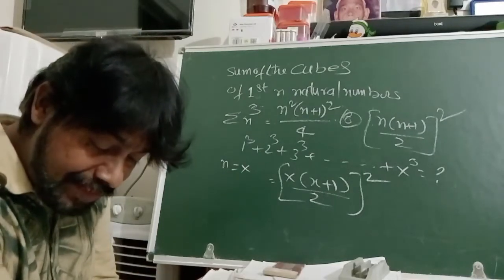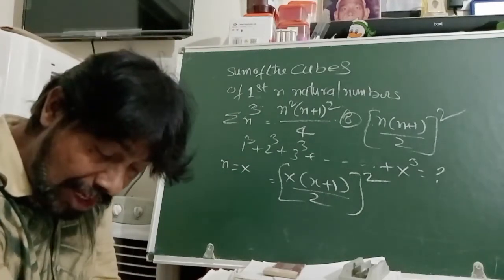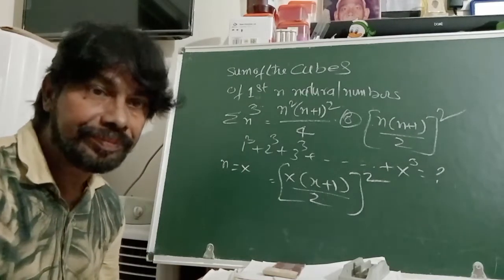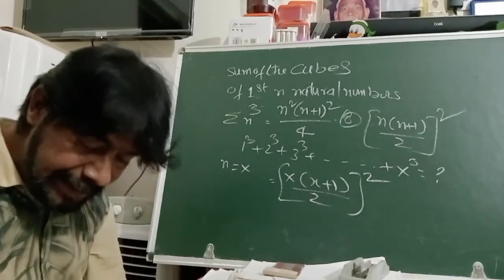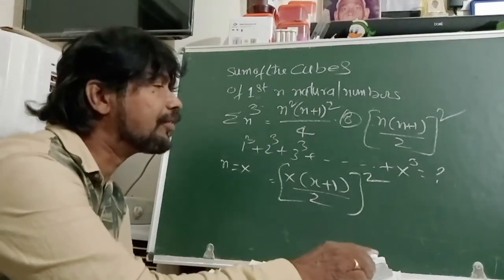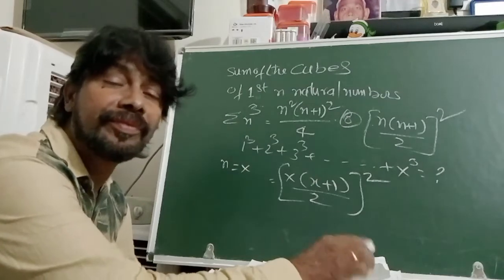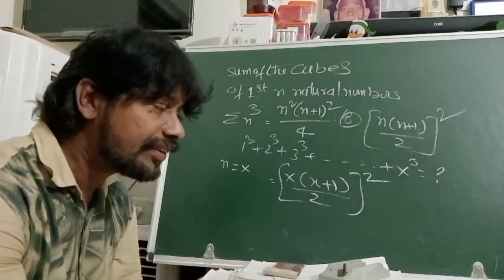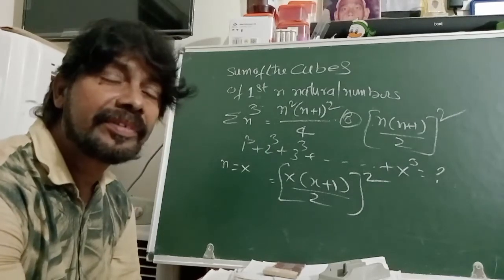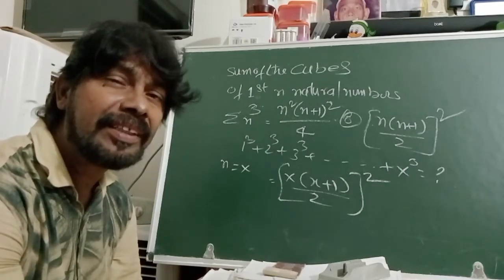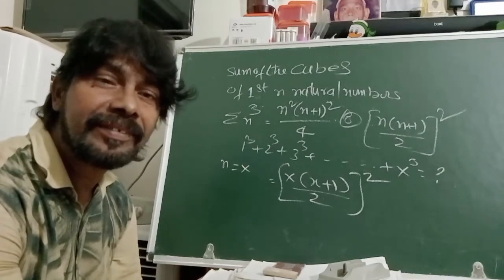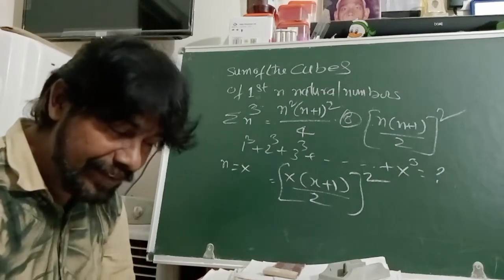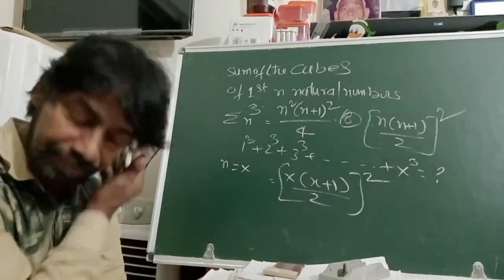Sum of the squares of the first n odd natural numbers. For odd natural numbers, you have to know what the nth term of the odd natural numbers is. To get odd numbers, we must have a remainder of 1 when you divide by 2.